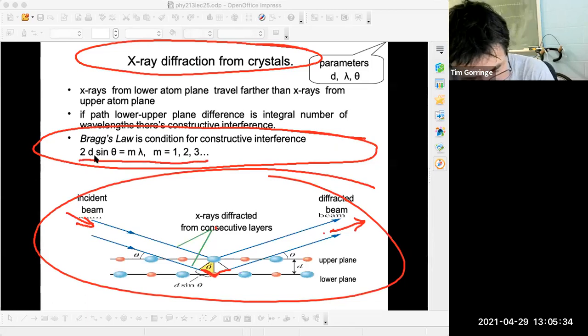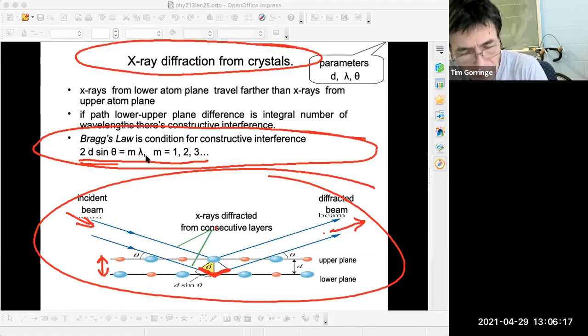And all this equation is saying, over on the left-hand side, is that the extra distance traveled by the X-rays diffracted off the lower plane compared to the upper plane, this extra distance here, is this thickness here, that's d, times the sine of this angle here, that's this extra path here, times 2, that's the total extra path. So that's the extra distance traveled.